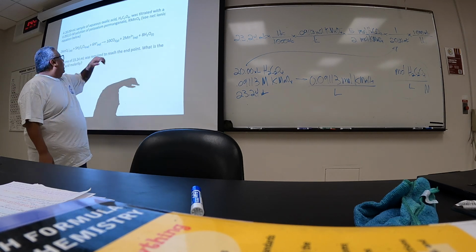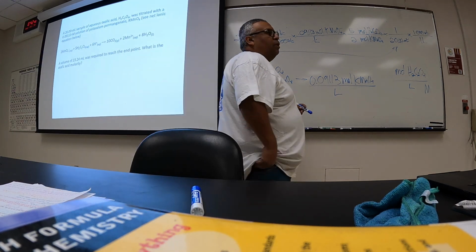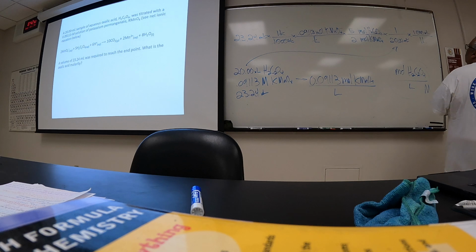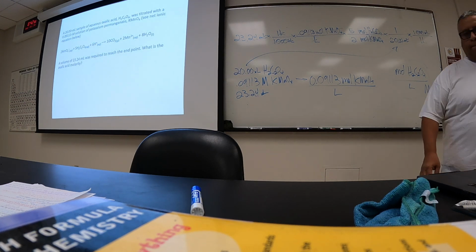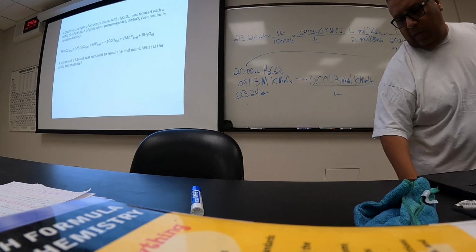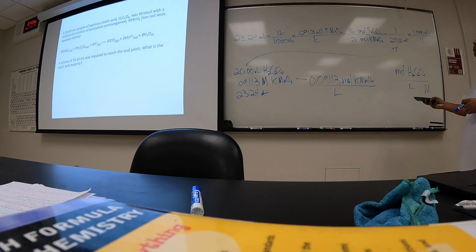So what ends up being the concentration of our unknown acid, oxalic acid here? Let me calculate along with you so I can verify this one. 24 times 0.09113 times 5 divided by 2 divided by 20.